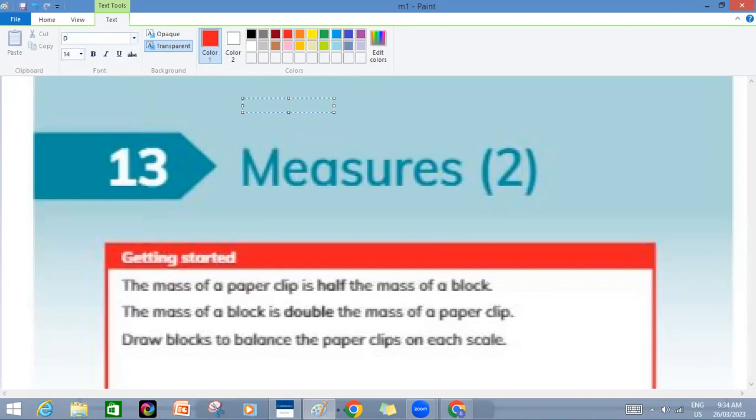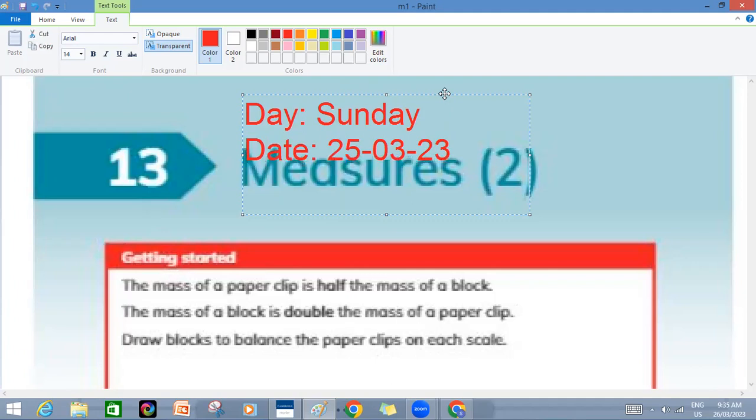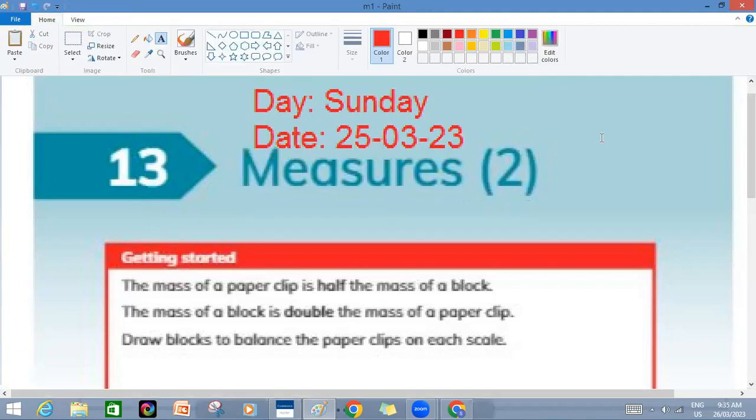Today the day is Sunday, and date today is 25. So that is our day and date.